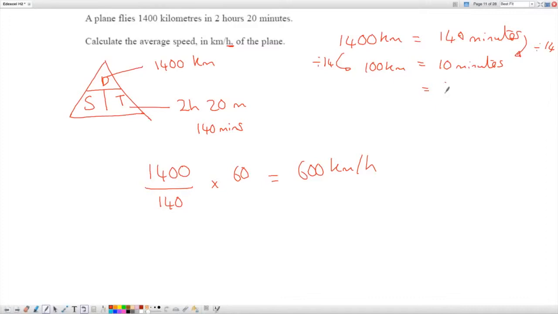We're interested in the speed per hour, so we're looking at 60 minutes. So from 10 minutes to 60 times by 6, again here 100 times 6, brings us back to the same answer of 600, doing per 60 minutes per hour. Our final speed value here is 600 kilometres per hour.